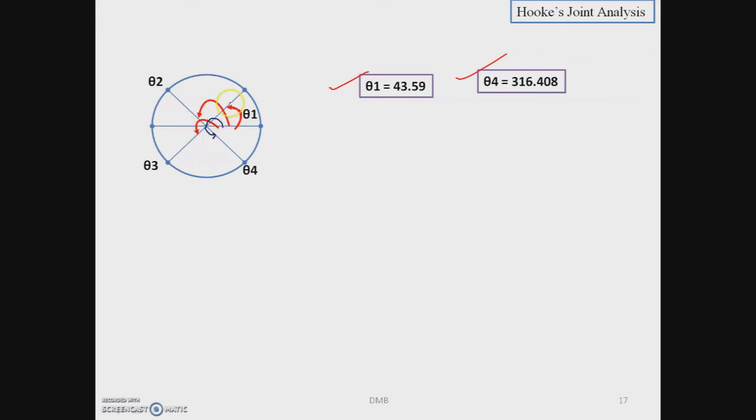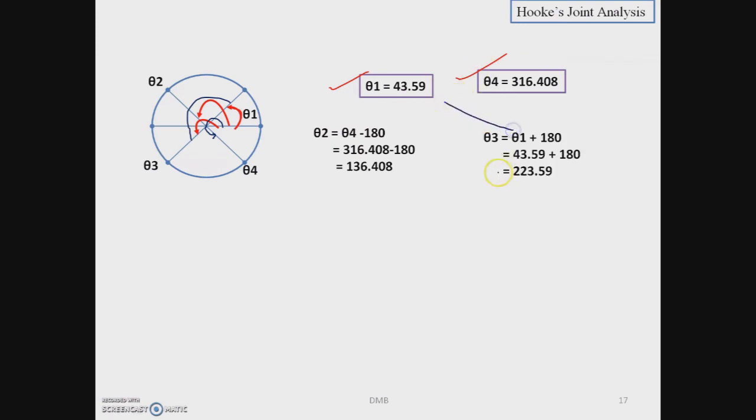Now from theta 1 we can find theta 3. Theta 3 equals theta 1 plus 180 degrees, which equals 223.59. Now from theta 4 we can get the value of theta 2.